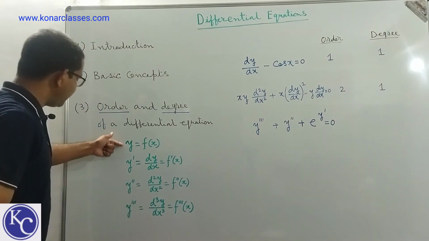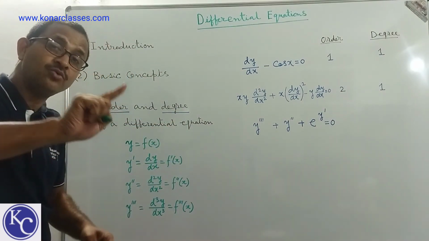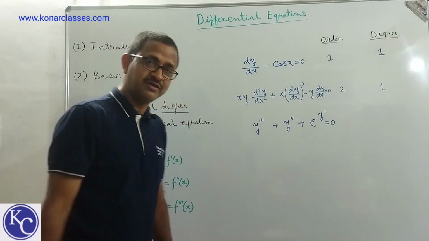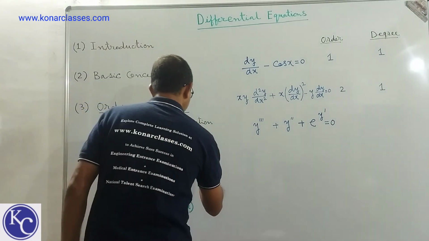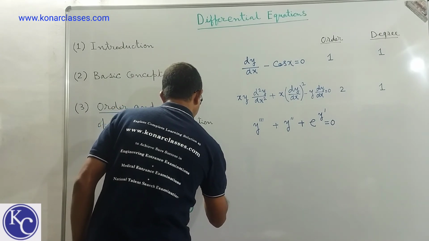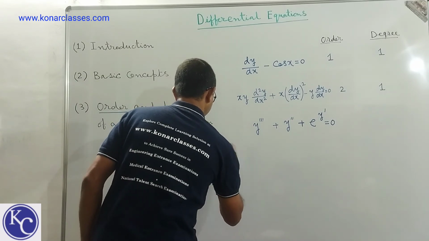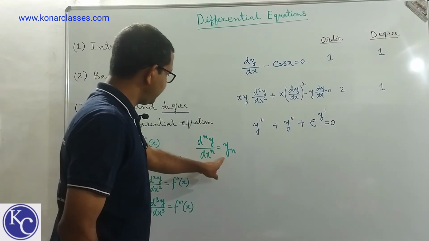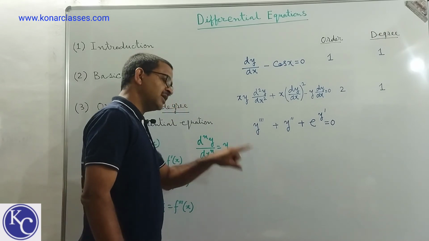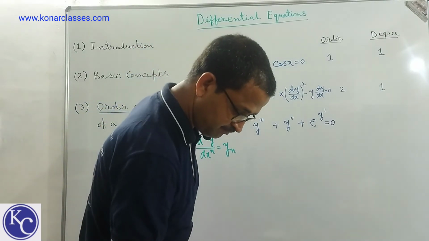Now dear students, in that way we cannot proceed much, because if this is an nth order derivative, how do we write those n dashes? That is not possible. So how do we write this? dny/dxn is written as y subscript n. If you see y with subscript n, it means the nth order differentiation of y with respect to x.